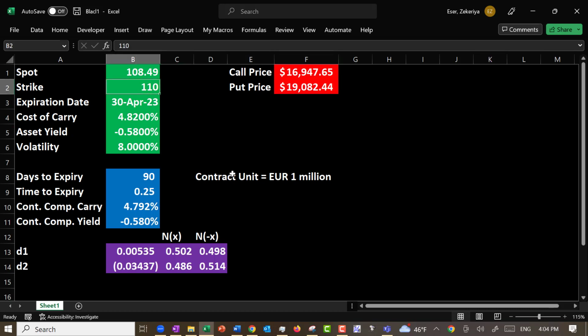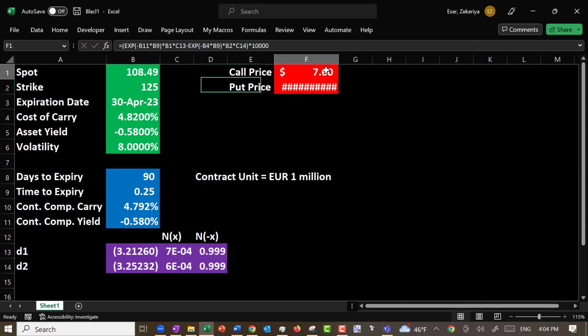Now, the higher the strike price, the lower the value of the call option, and the higher the value of the put option. Because as the strike price goes up, the call option becomes less and less likely to finish in the money.